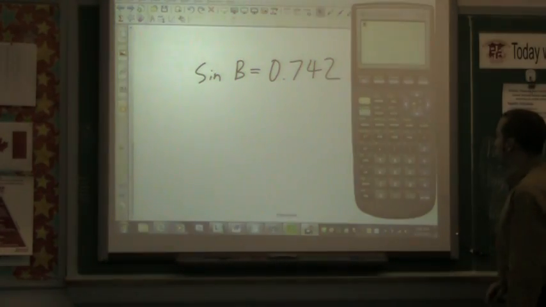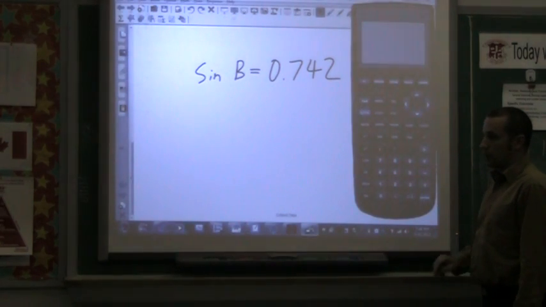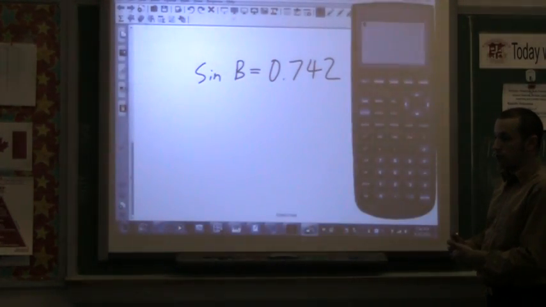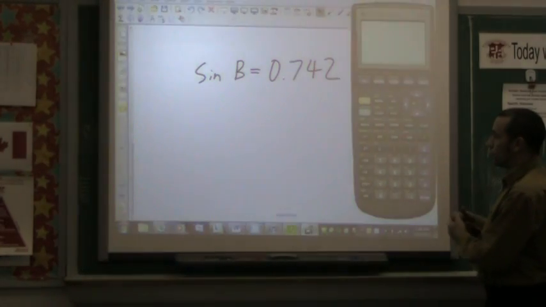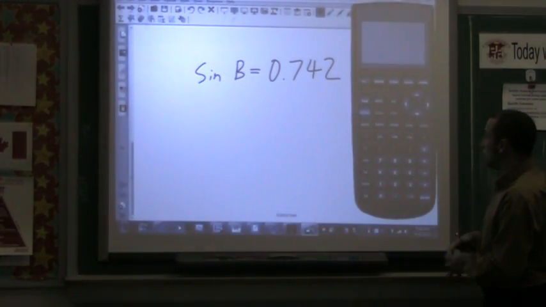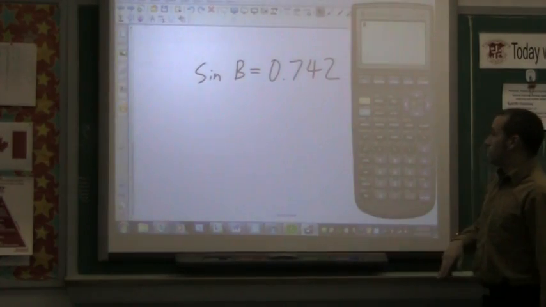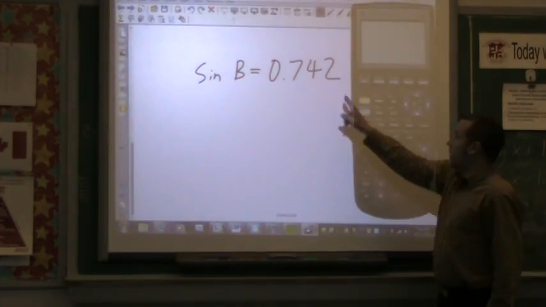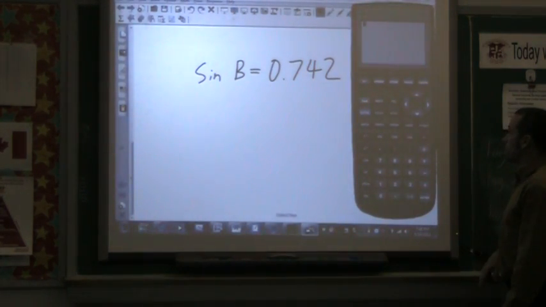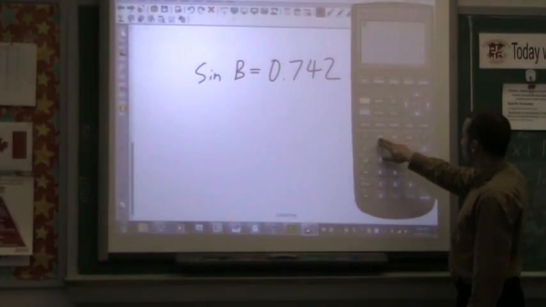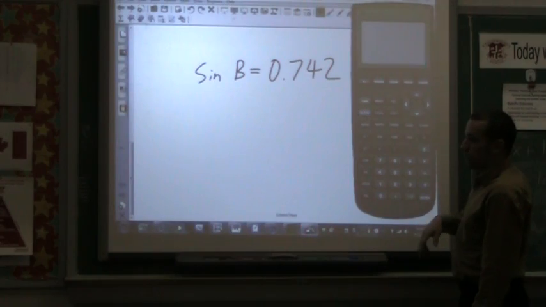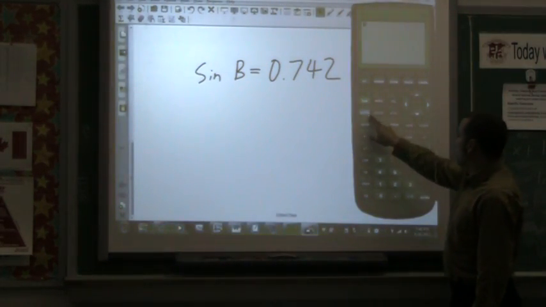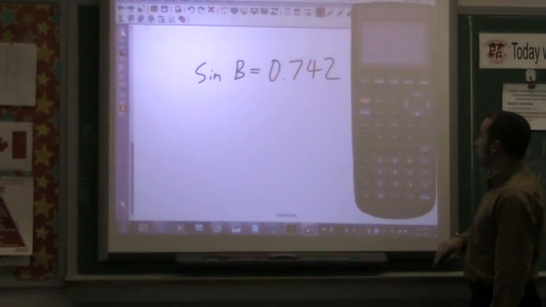So what you can do with your calculators is use what's called the inverse sine. That's where your calculator says, if you know the ratio of your opposite to your hypotenuse, or what the sine of your angle is, the calculator will tell you what angle gives you that ratio or result. The inverse sine is almost always right above the actual sine function on just about any calculator. So here I go second function, inverse sine.